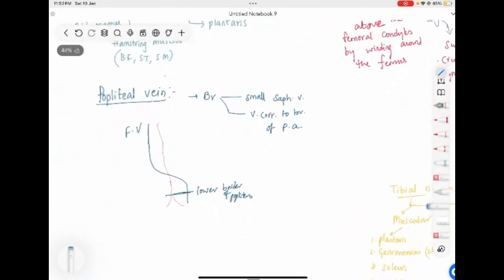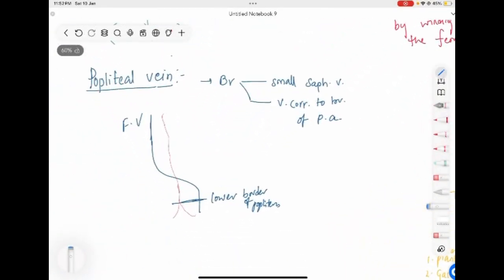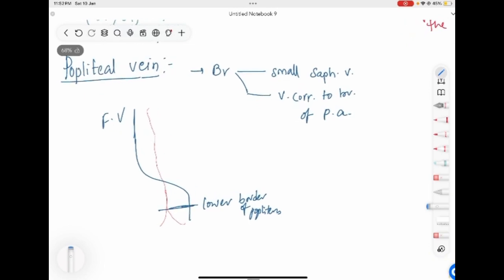Now let us talk about the popliteal vein. All the veins join to form the popliteal vein, and at the lower border of popliteus, it traverses upwards and continues as the femoral vein.